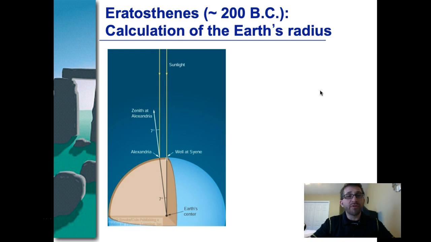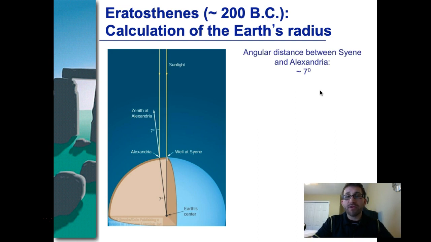Eratosthenes was another person that was around during this time, or just after this time of the ancient Greeks. He was in Alexandria, Egypt, at the Library of Alexandria, and we'll be doing an activity in class with this, or have done one already. So we'll go into a little bit of detail today.